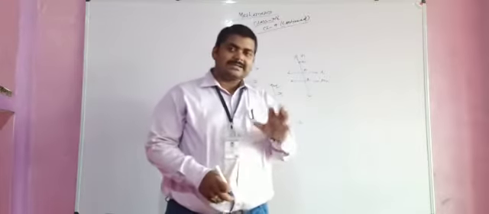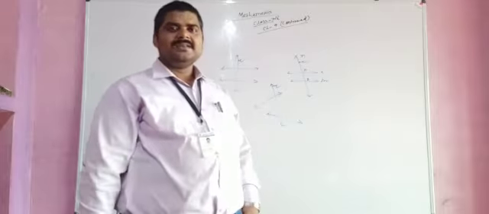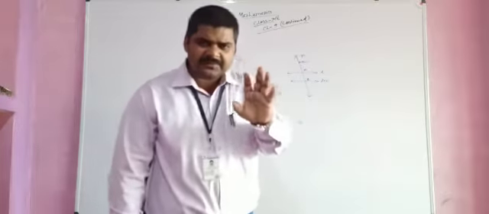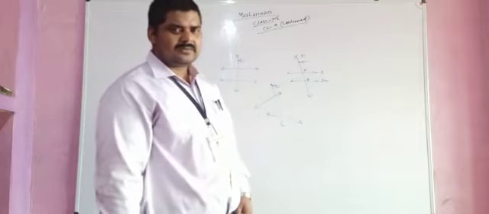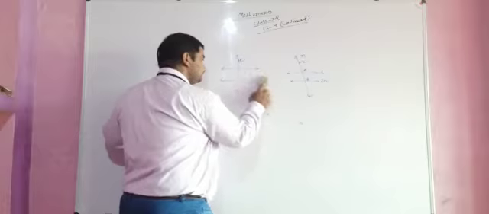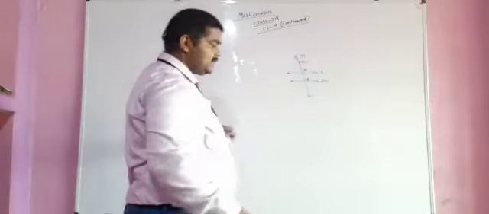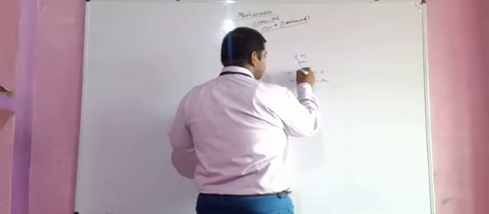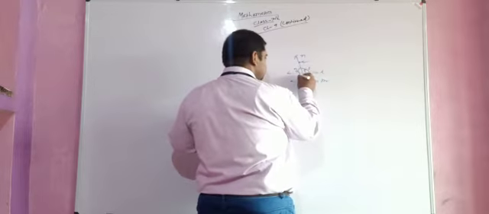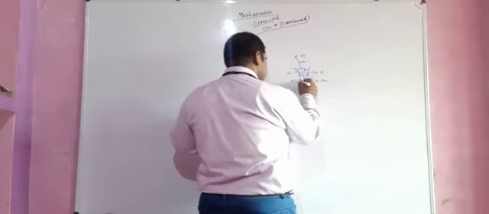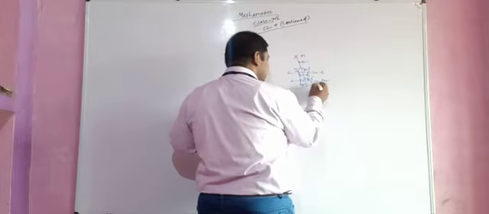And when two lines are intersected by a transversal, then actually eight different angles are formed. If you try to name them, you can see how many: 1, 2, 3, 4, 5, 6, 7, and 8.